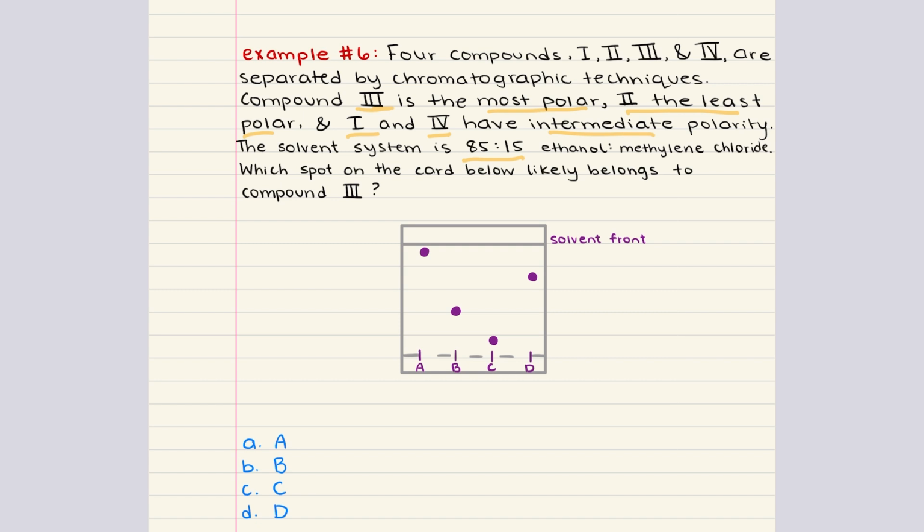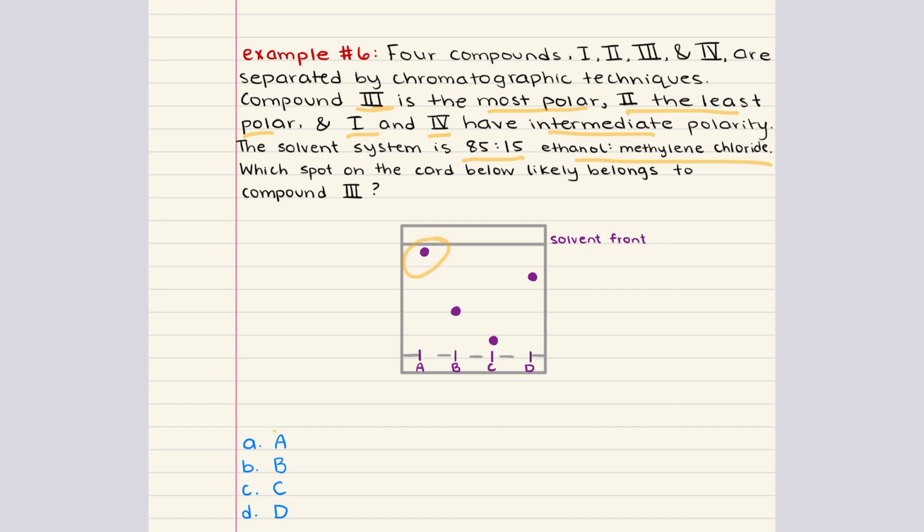Which spot on the card below likely belongs to compound 3? Now, this is an example of reverse phase chromatography. The solvent system is polar, which means that the most polar compound will travel the furthest up the card, resulting in the largest RF value. This gives compound 3 the largest RF, which corresponds to spot A.